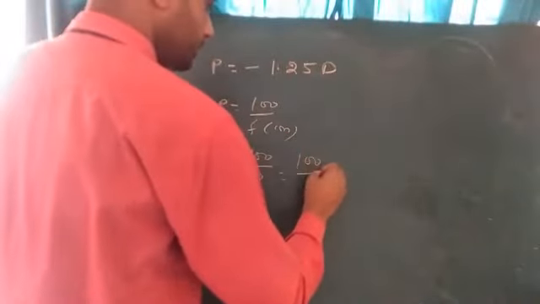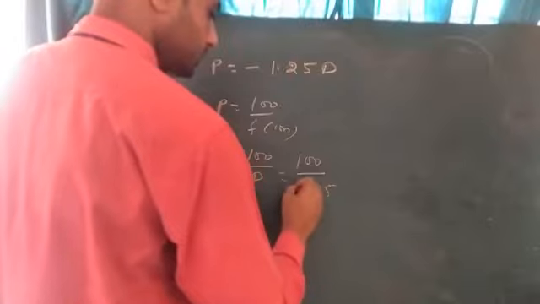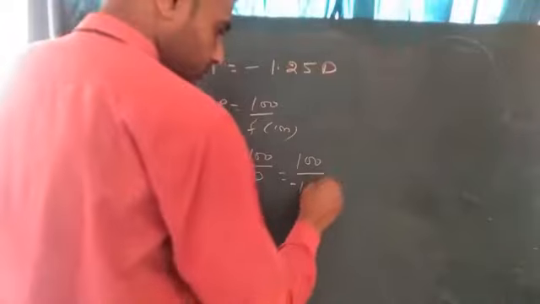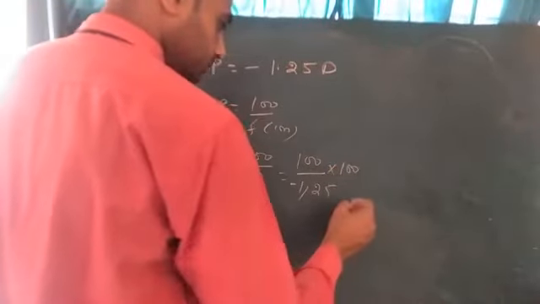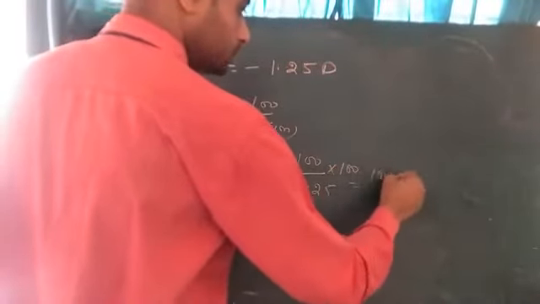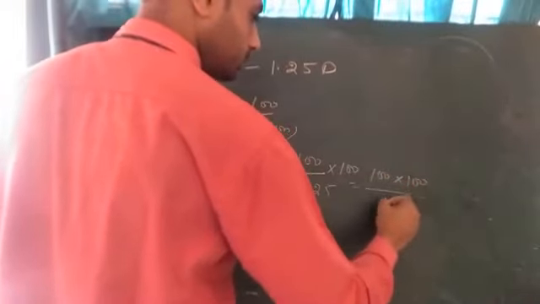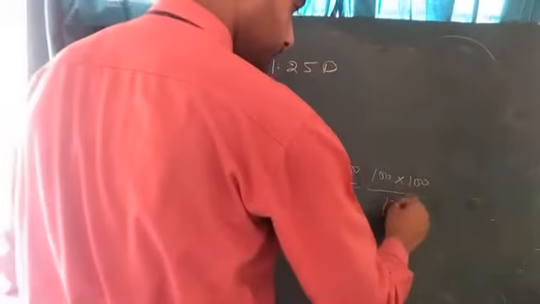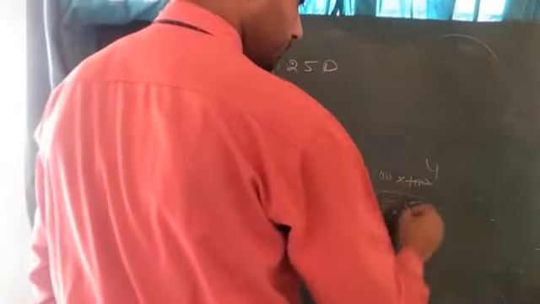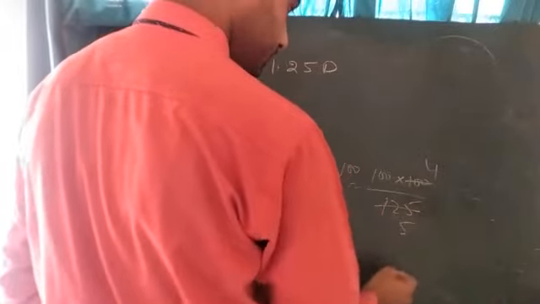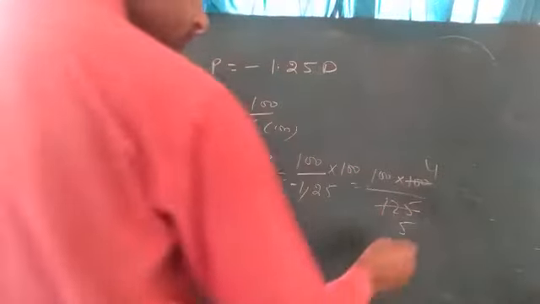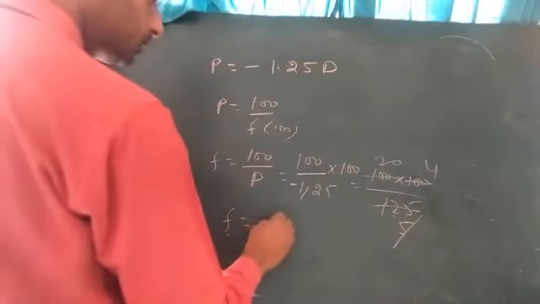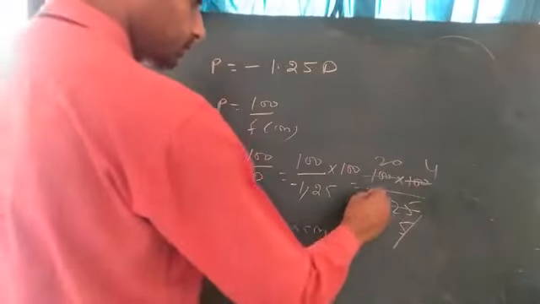So 100 upon minus 1.25. So this solving, this is equal to 100 into 100 upon 125, so F equal to minus 80 centimeter.